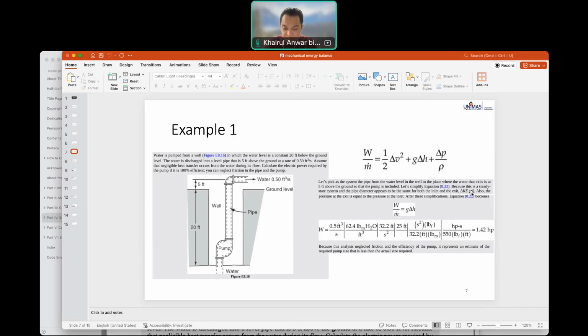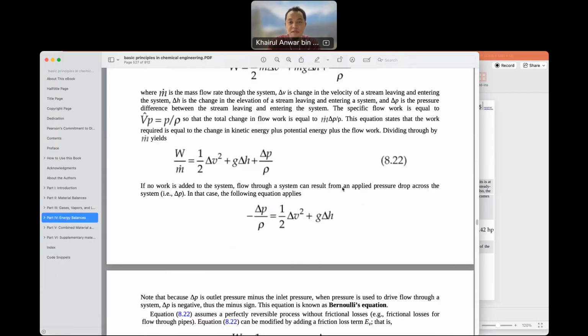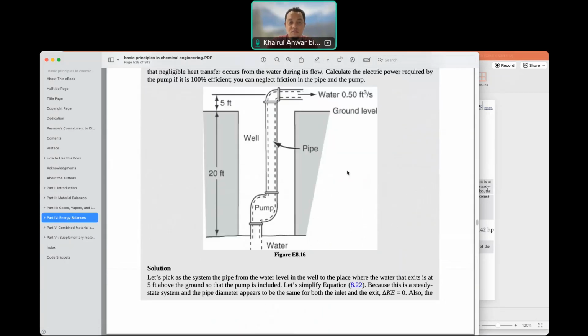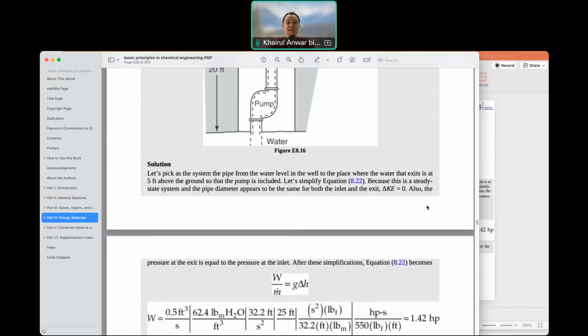If you refer to the book, this is 8.22. Equation 8.22 is similar to 7.7-2, except for the EV or friction loss, because this is a steady state system.